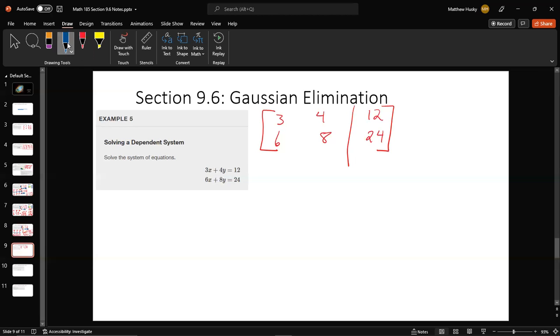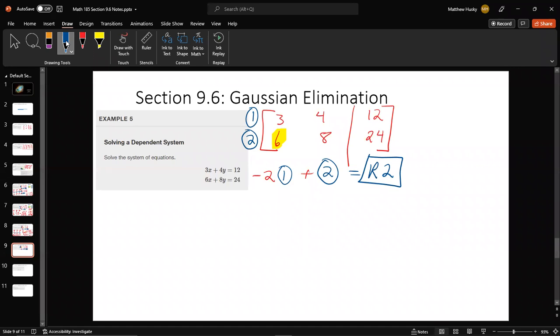So here is row 1, here is row 2. You've got a 6 and a 3. The goal is to turn this into a 0. So what we can do is -2 times row 1, and then add row 2 to it, and put our answer in row 2.